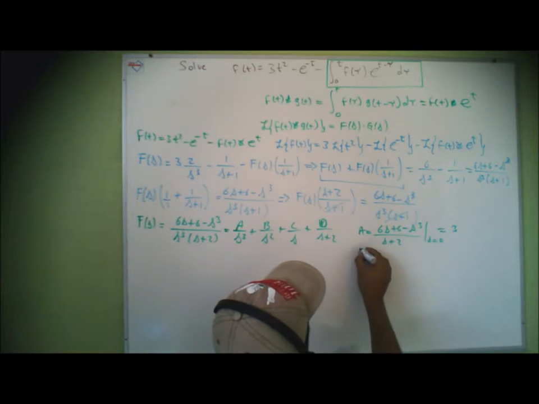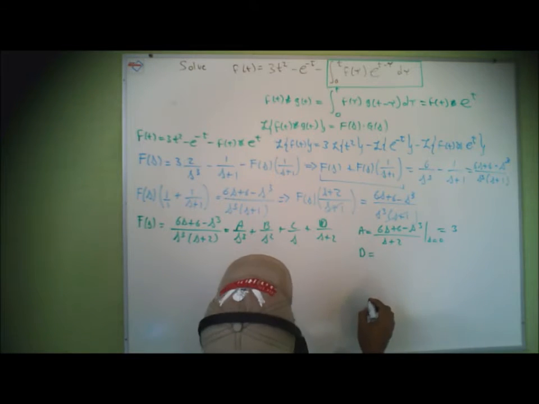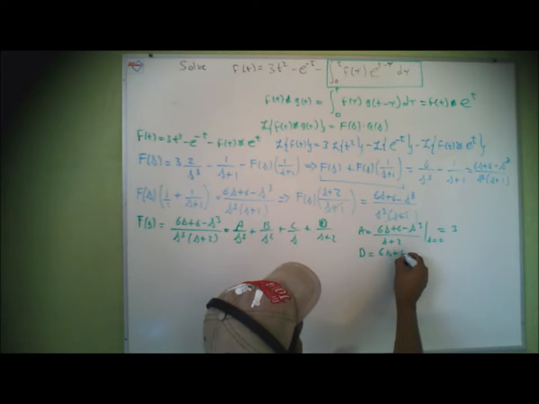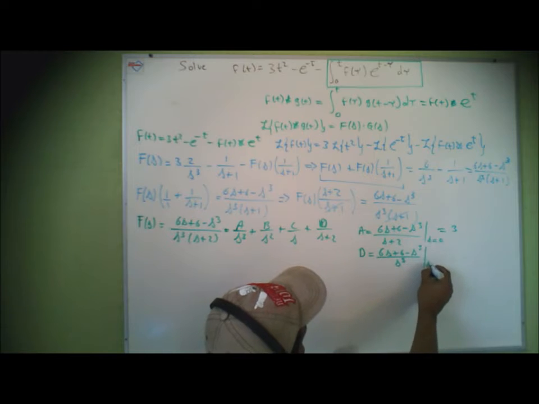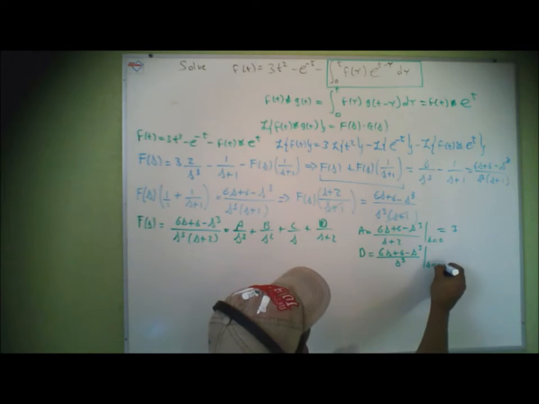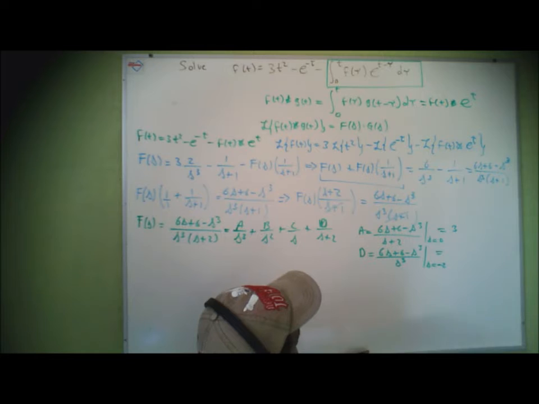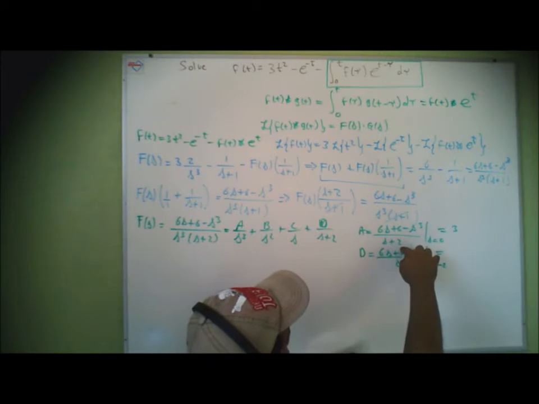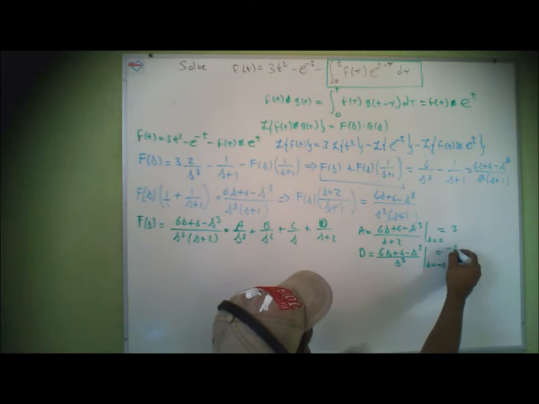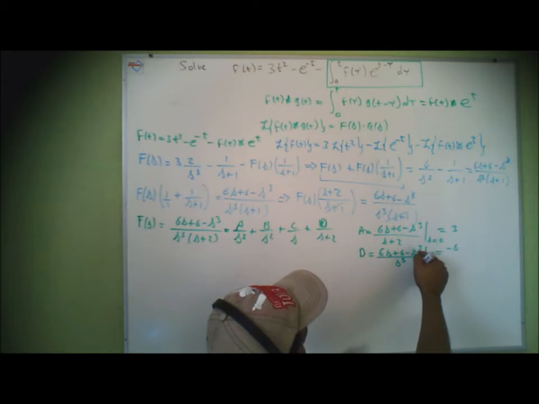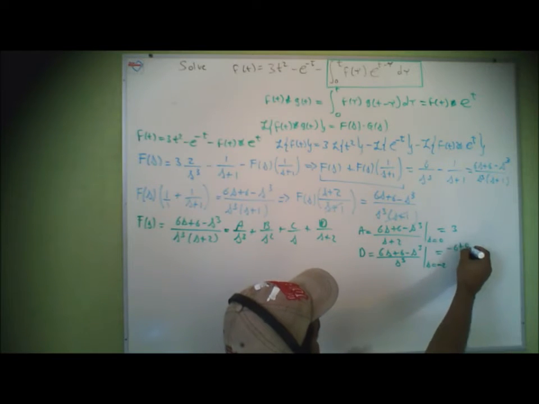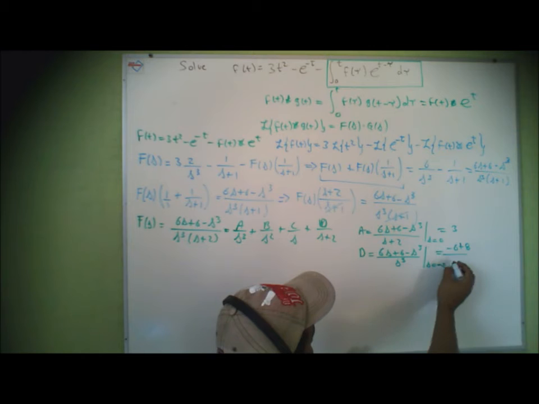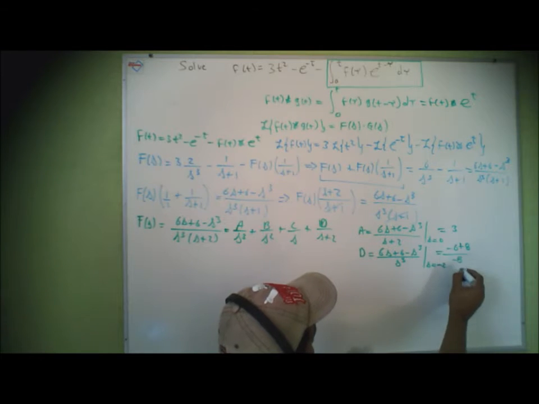Now the value of D is going to be 6s plus 6 minus s to the power of 3 divided by s to the power of 3, and this is with s equal to minus 2. Okay, so minus 2, minus 12 plus 6 minus 6, and then minus 2 to the power of 3 is going to be minus 8, plus 8 here, divided by minus 8.